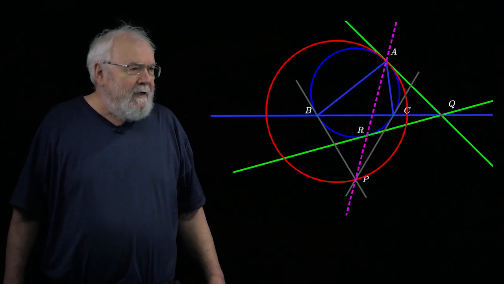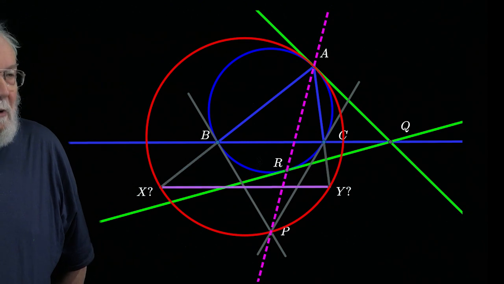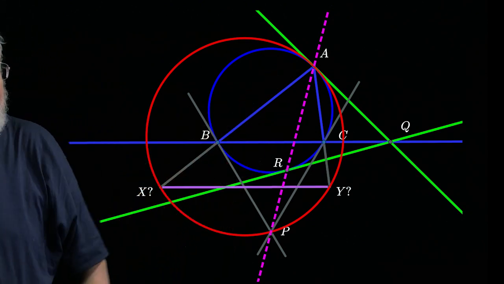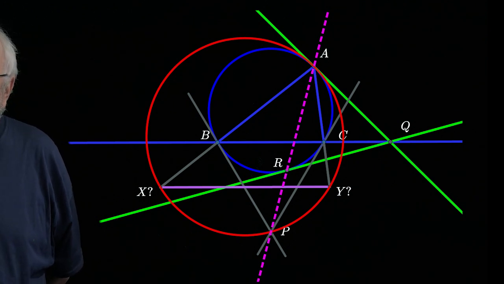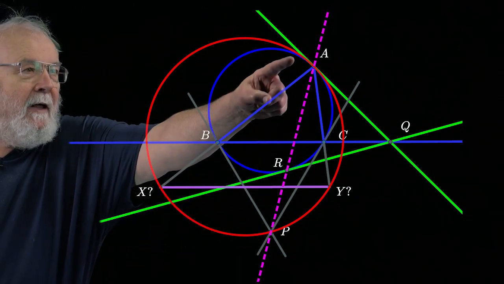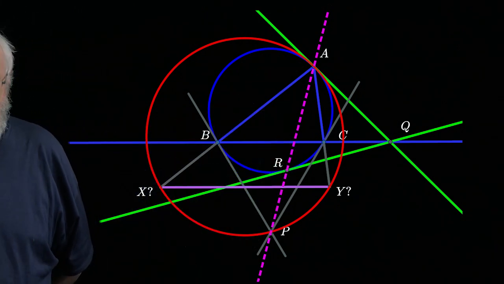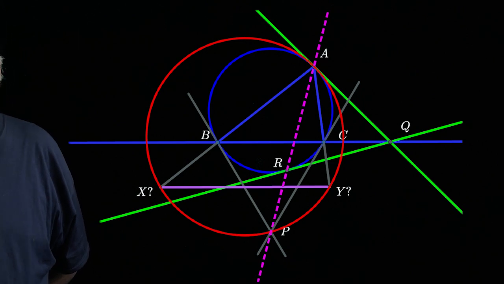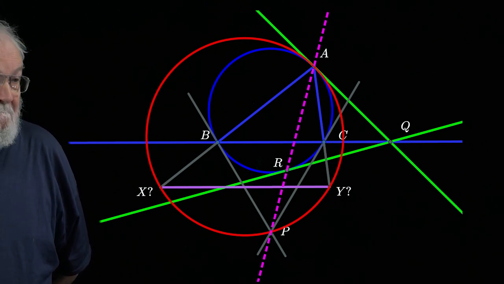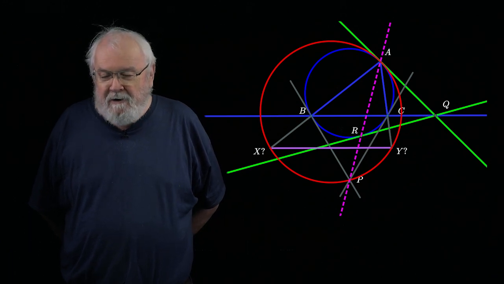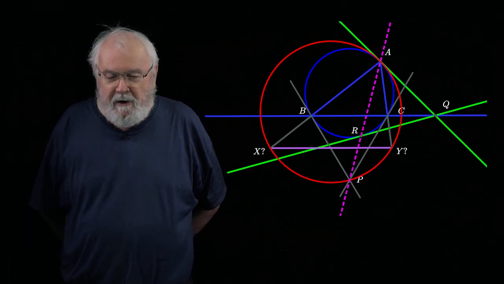So what do we do next? Now what we do is to produce the line AB until it meets the new circle again at a point called X question mark. It's going to be X later. And then we produce the line AC until it meets the new circle again at a point Y question mark, which is going to be Y. The problem now reduces to showing that X equals X question mark and Y equals Y question mark.